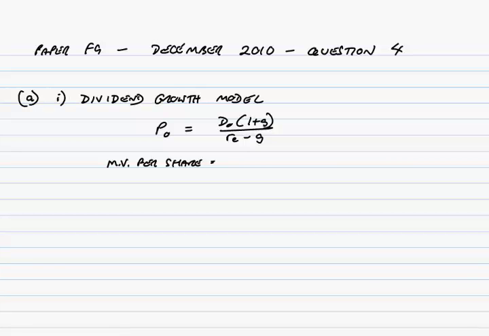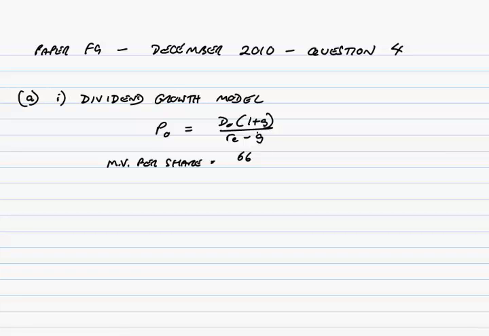What's the current dividend? Well, I know we've a statement of financial position there, a balance sheet, but I'm not really interested in that for the moment. Immediately below it says we've just paid a dividend of 66 cents. The cost of equity is 12%. The dividends have grown at a rate of 3% per year.